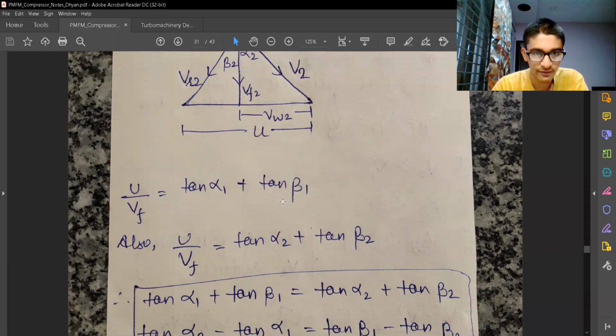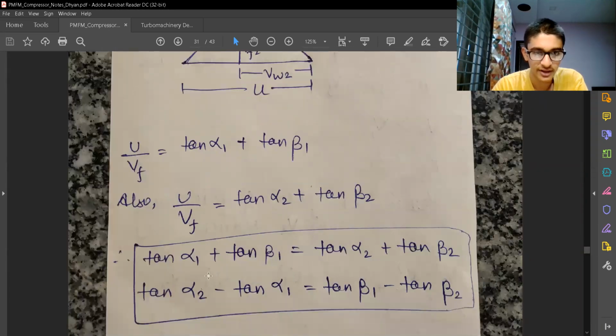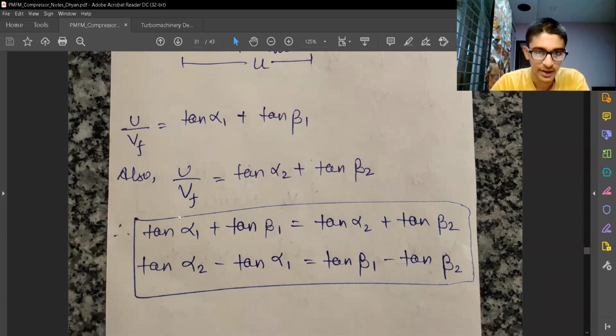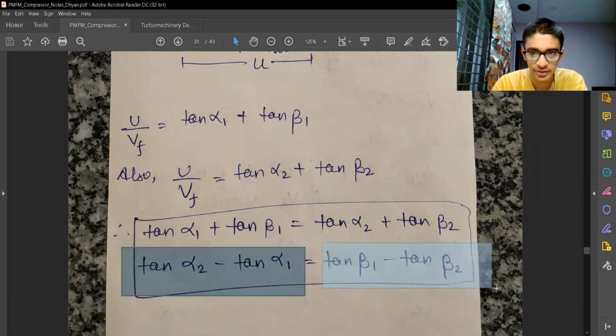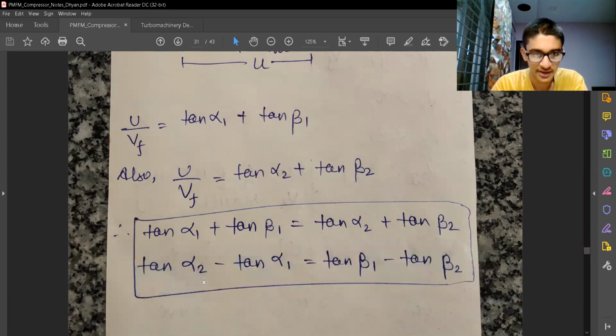We know that tan alpha 1 plus tan beta 1 is equal to this, and the same thing is equal to this. So we can write this relation, tan alpha 1 plus tan beta 1 is equal to tan beta 2 plus tan alpha 2. And we can change the terms, bring alpha 2 over here, combine alpha terms and beta terms on one side, and we have the expression like this.